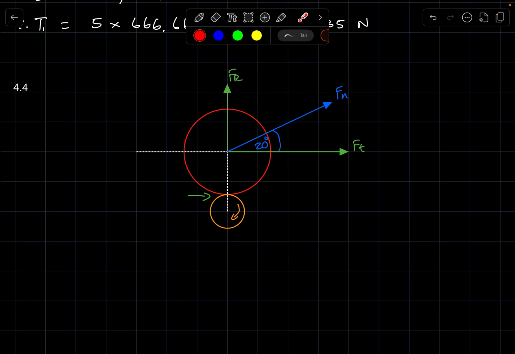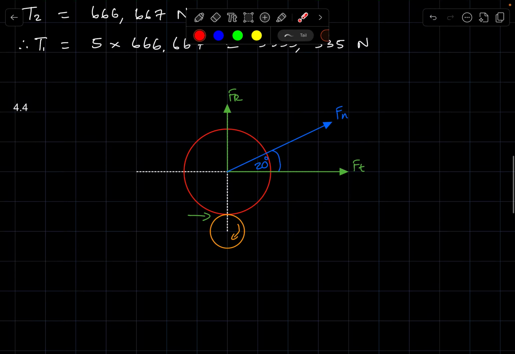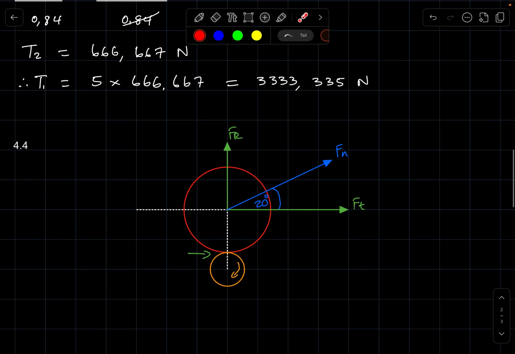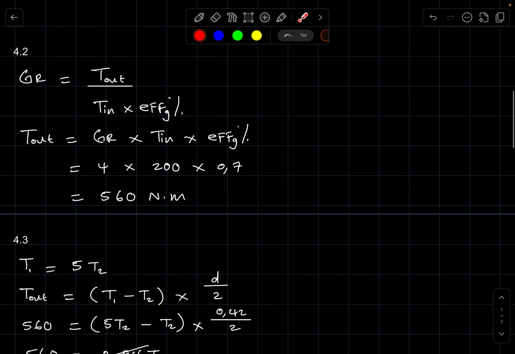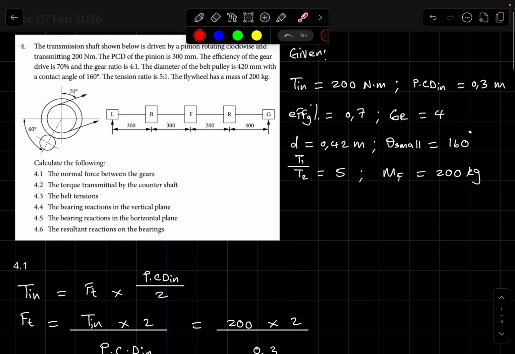But remember here, we aren't looking at where the normal force is acting relative to the Cartesian plane of the gear system, but where it is acting relative to the Cartesian plane of the line shaft.